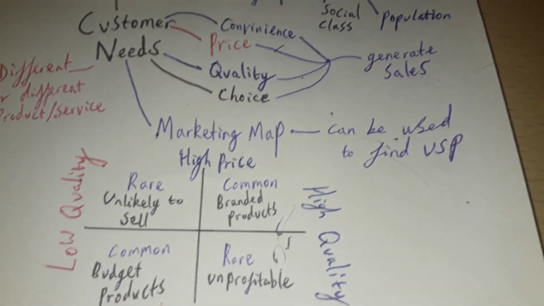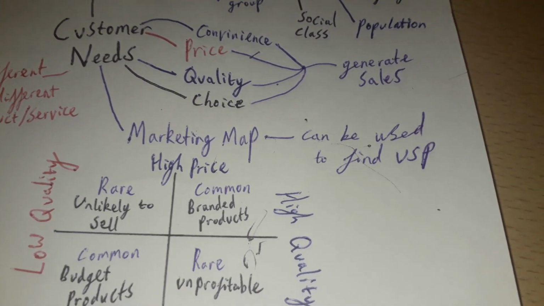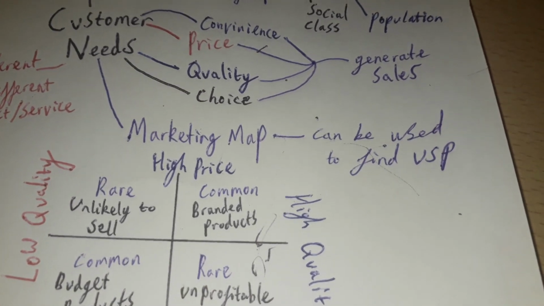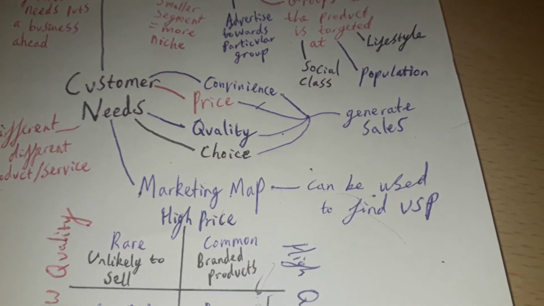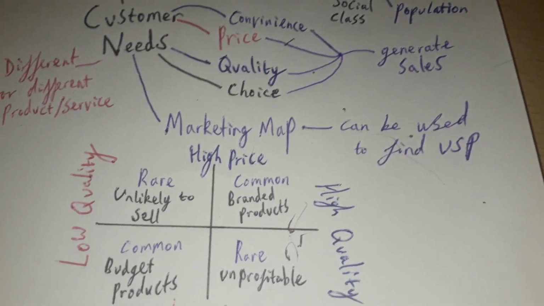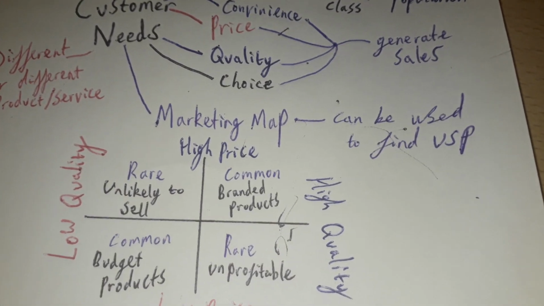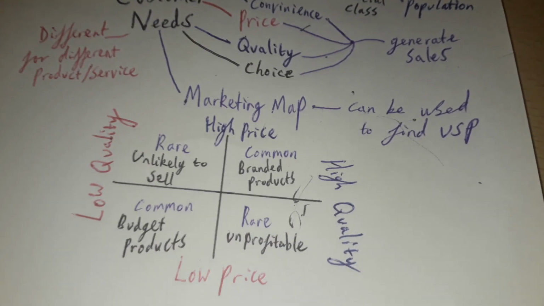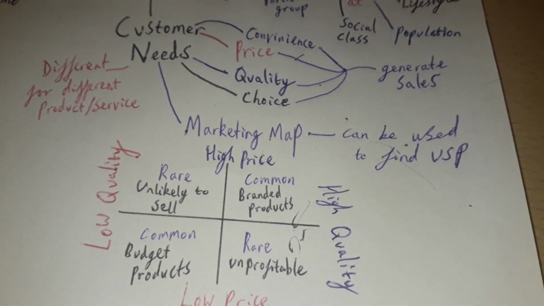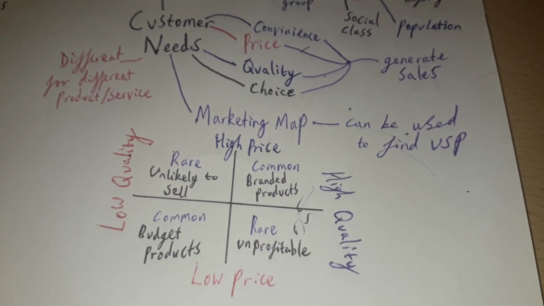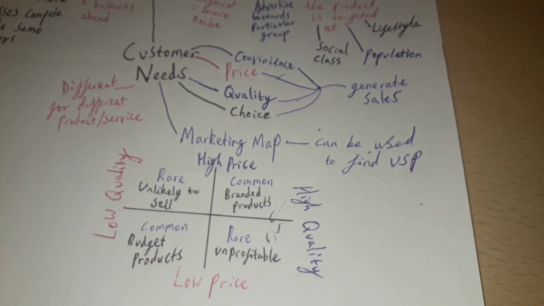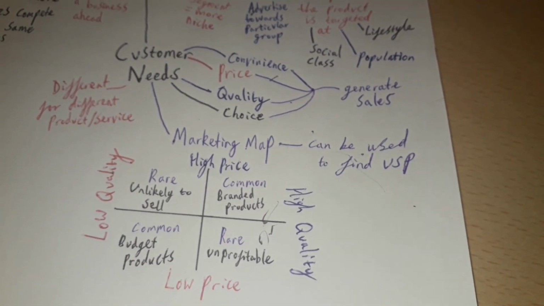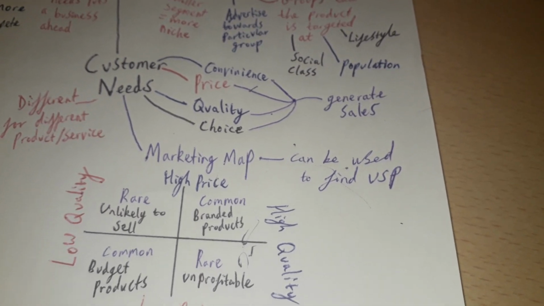However, it is common to have a high price product with high quality, and we can see it with all the branded products like branded clothes, branded mobile phones, on which I'm recording this right now, pretty good. Also, it's common to have a low quality product with a low price, and this is your budget products, like supermarkets' own products, and any cheap groceries, I guess.